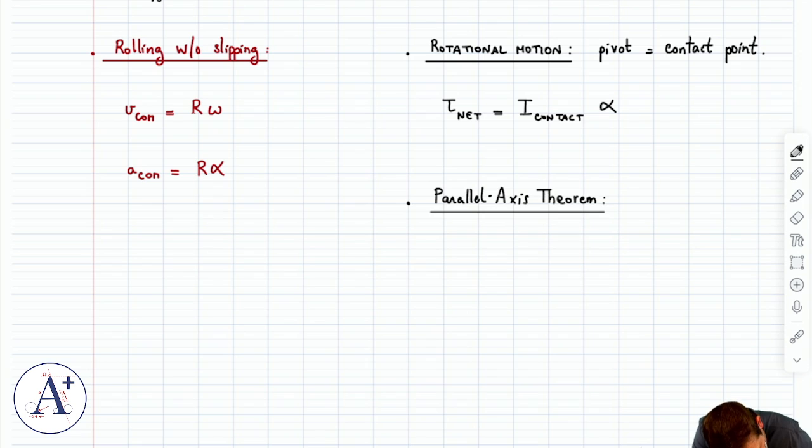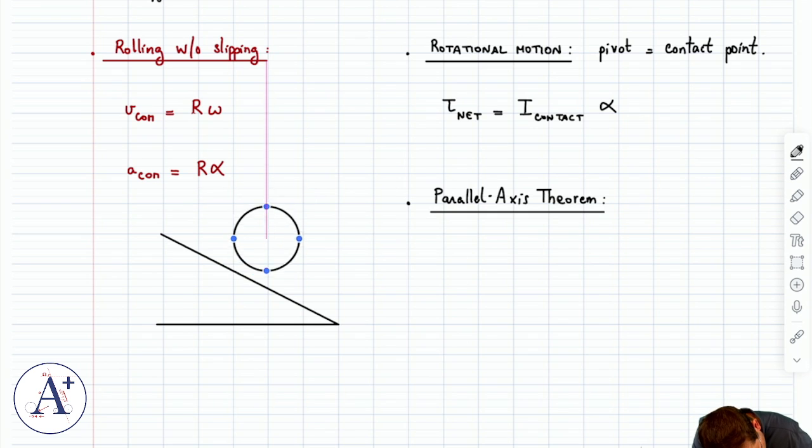Okay, so what do we have? We have a sphere that has a center of mass right here, but we have a pivot that's right here, and we want to rotate about that pivot, not about the center of mass, right?